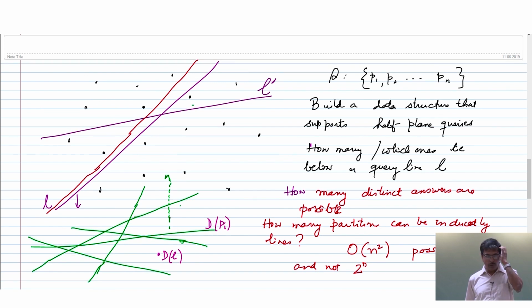Okay. So, from the problem of finding which points lie above a certain line, we can, using the dual transform, reduce to a problem of which lines lie above a query point. And now you can actually go back to the previous solution.